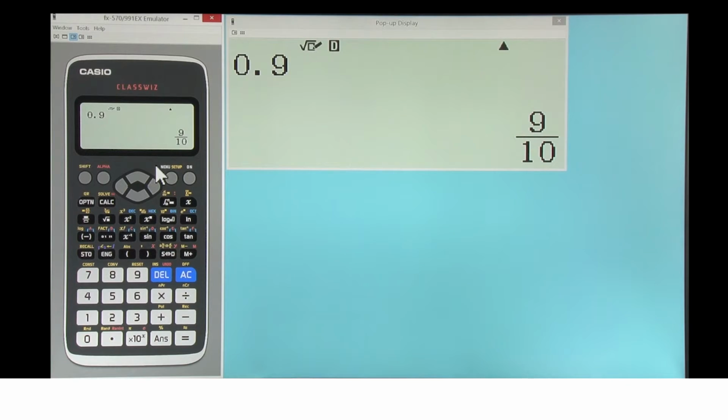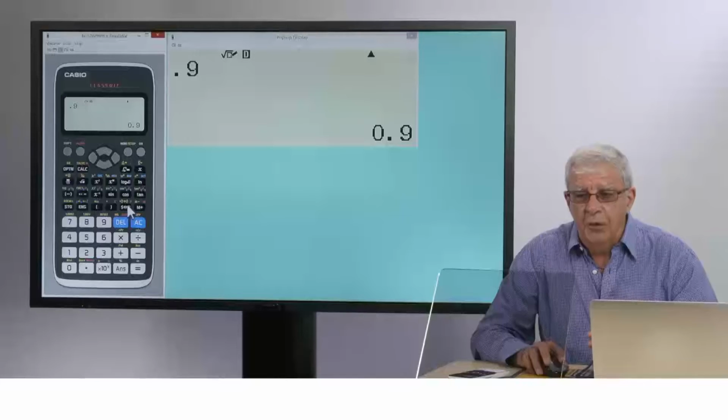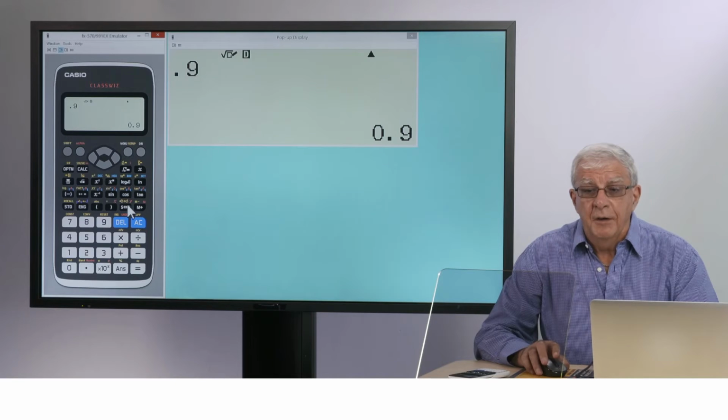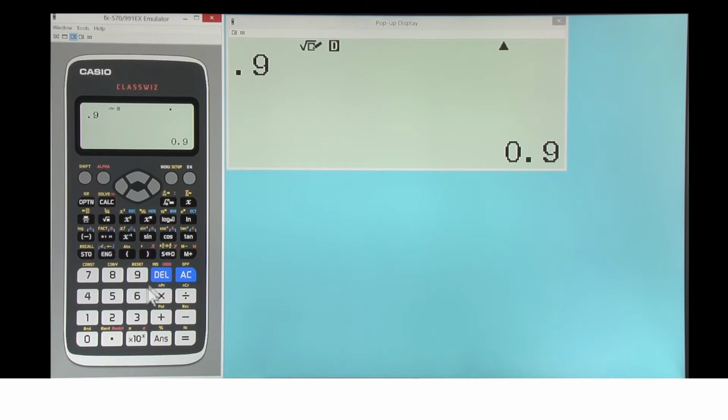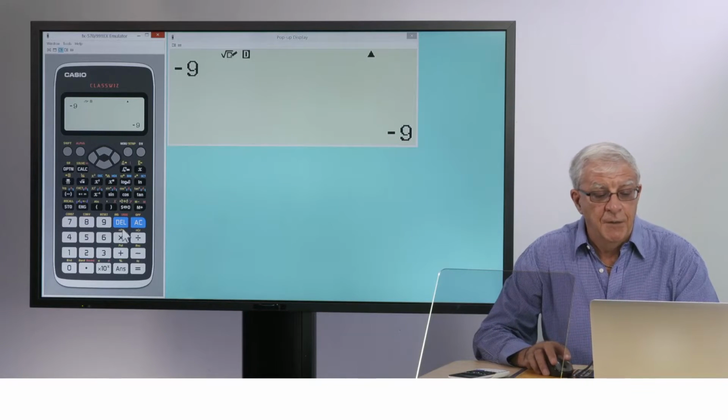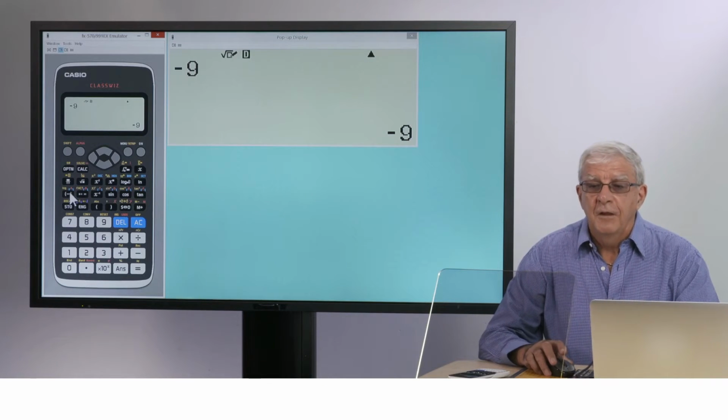If the leading 0 is omitted, which is a poor practice, the ClassWiz tolerates this, but still gives a fraction and 0.9 in the correct way. Similarly, for a negative number, use the special negative key, which is the one over here, -9, rather than the subtraction key. Notice the subtraction key and the negative key are different.